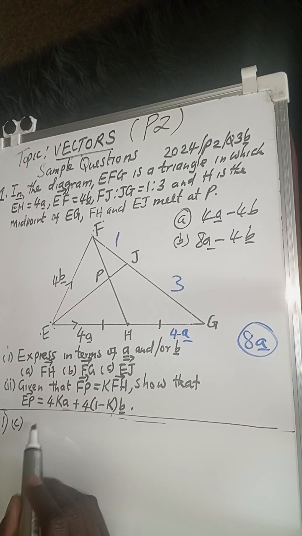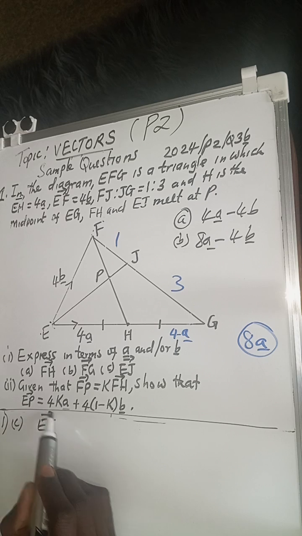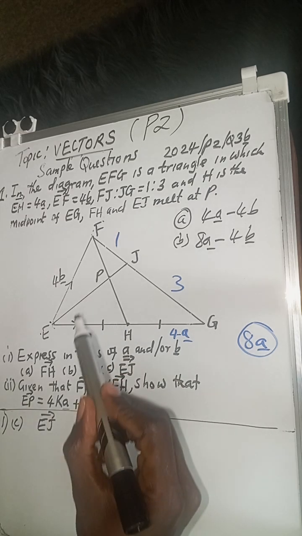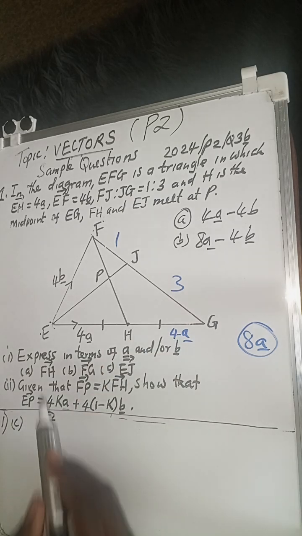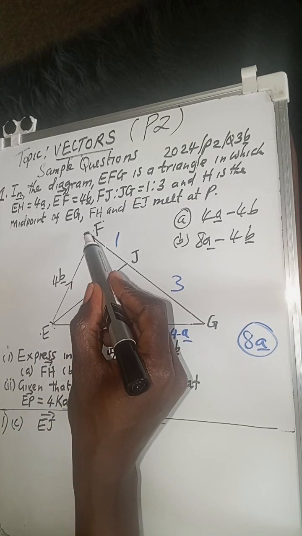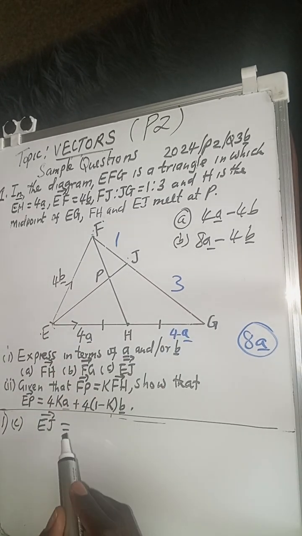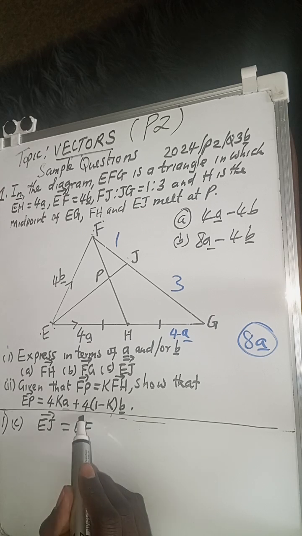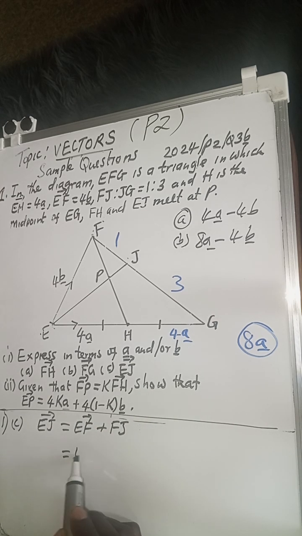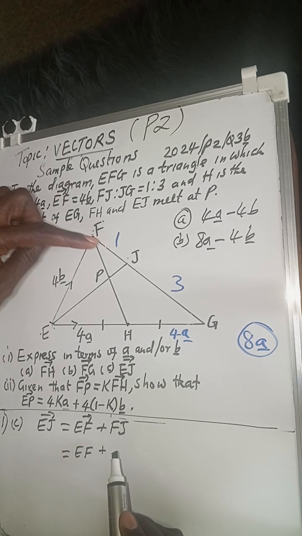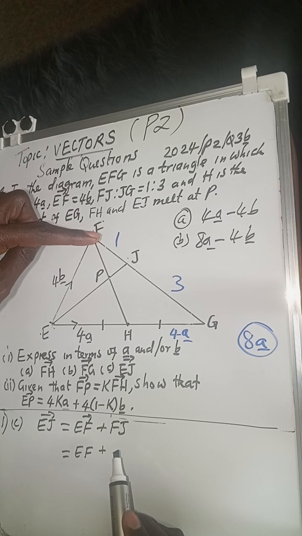It says EJ. So we want to find what is E to J. For me to move from E to J, it will be EF combined with FJ. But if you notice, FJ is in a ratio.